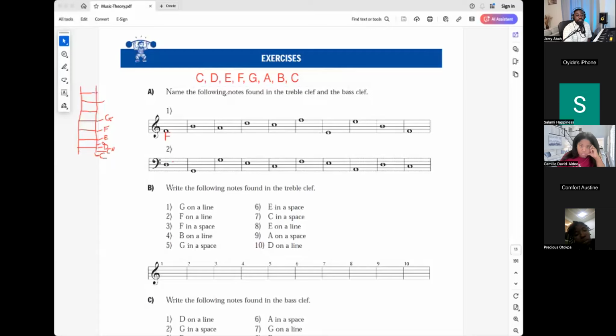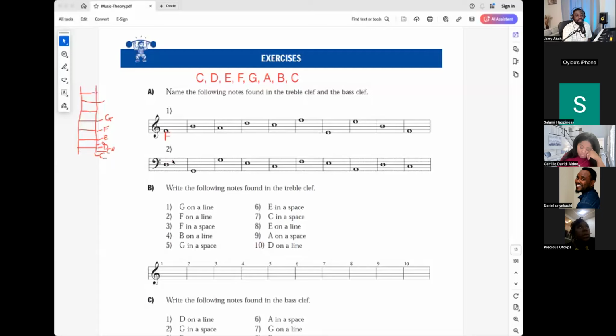Okay, so if this is line F, to the left of F is E. Remember that we said when you are climbing higher on the scale, you are moving from your left-hand side to the right. And when you are climbing lower on the scale, you're moving from the right-hand side to the left.